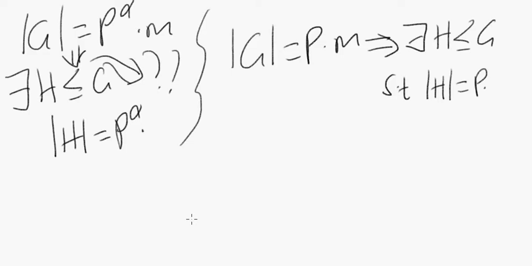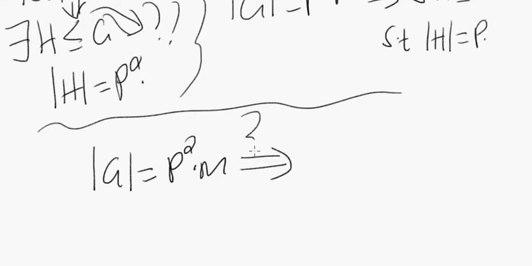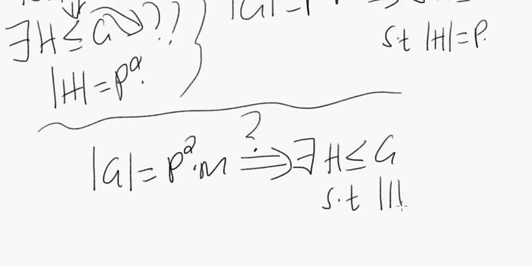Suppose instead, what if the power is just 2? Suppose the order of G equals p squared times m. Does this necessarily imply that there exists some subgroup H of G such that the order of H equals p squared?